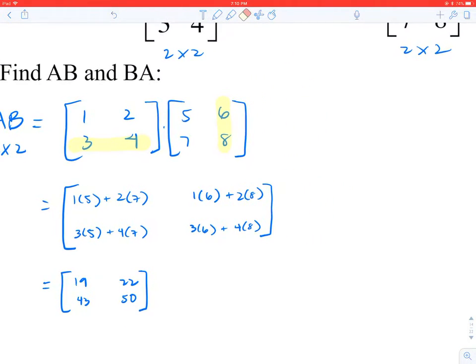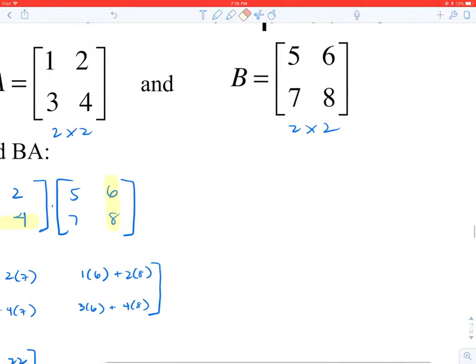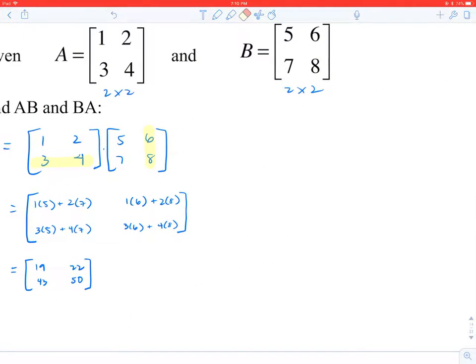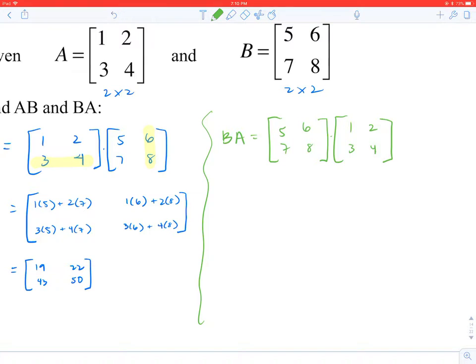Okay, so let's find B times A and see if that's the same as A times B. B times A is also going to be a 2 by 2 matrix.